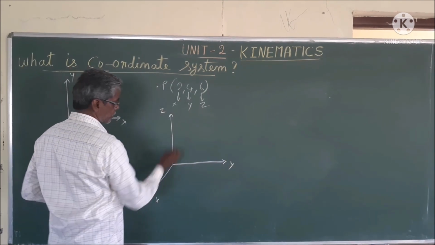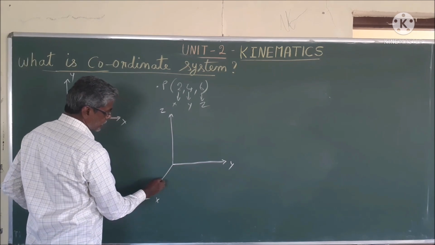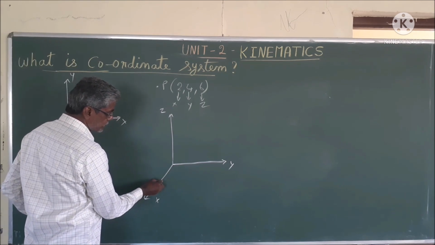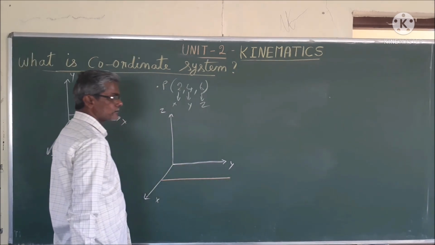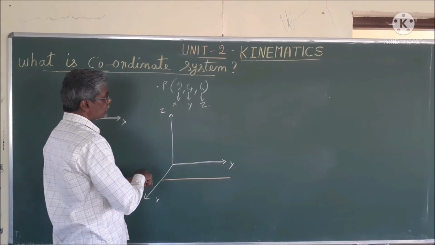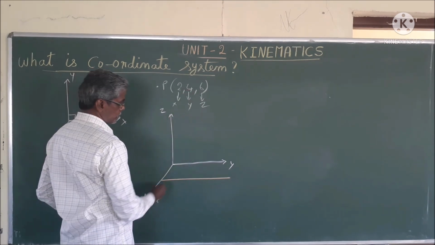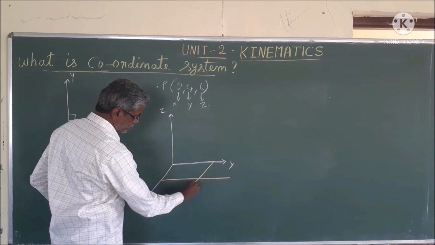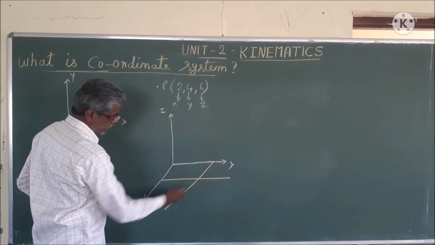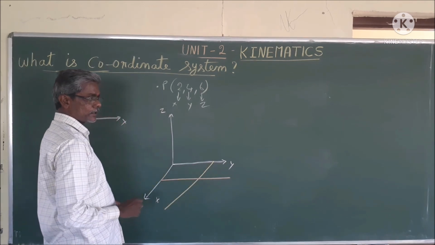On the x-axis, from here it is 2. Now you draw a parallel line from x to y-axis. Understood? Now y is equal to 4. Now you draw a parallel line from y to x-axis.